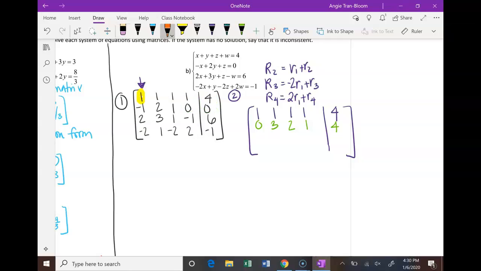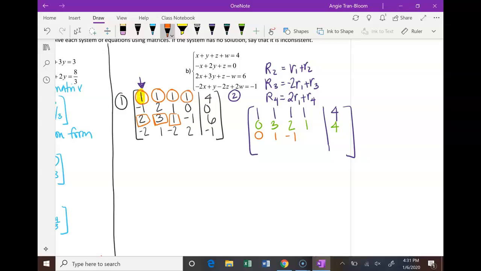Row 3, I'm going to take negative 2 times row 1. So row 1 is 1, so negative 2 times 1 plus row 3. Negative 2 times 1 is negative 2 plus 2 is 0. Negative 2 plus 3 is 1. Negative 2 plus 1 is negative 1.